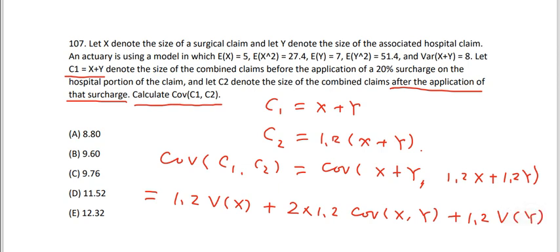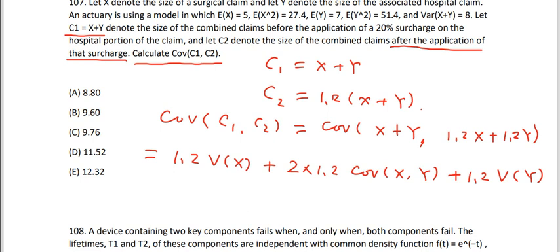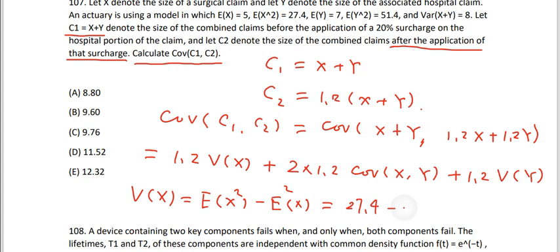Right? So what is Vx? We already know Vx. For Vx, equals E of x squared minus E of x, squared. We already know E of x squared is 27.4, and E of x equals 5, so 5 squared.